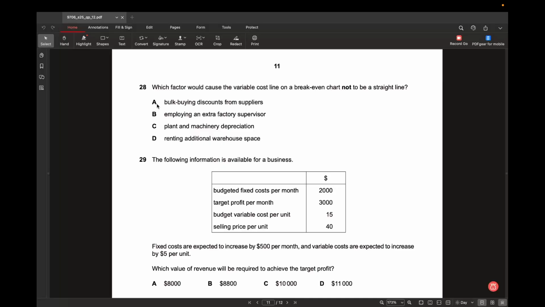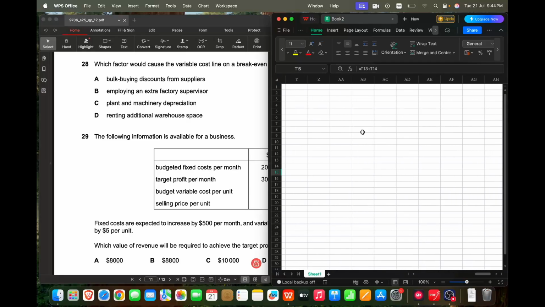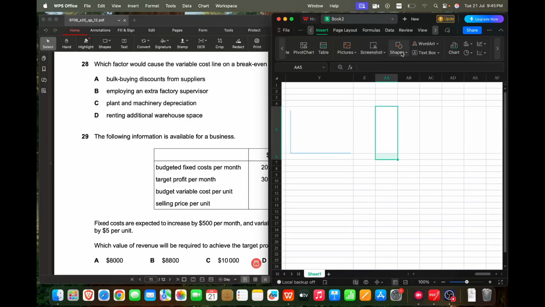Okay, let's look at A, bulk buying discount from supplier. What does it mean is a variable cost is a straight line. A variable cost line looks something like this, a straight line like that, because it is increasing proportionately.